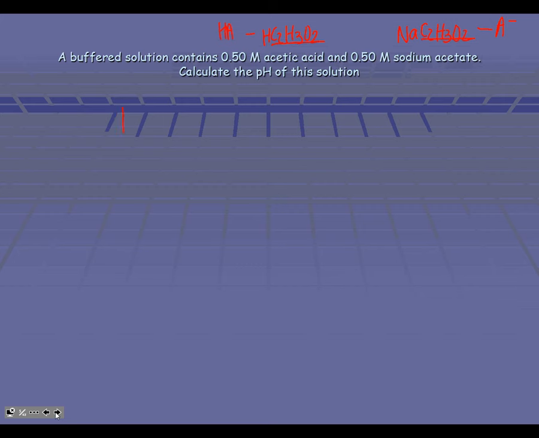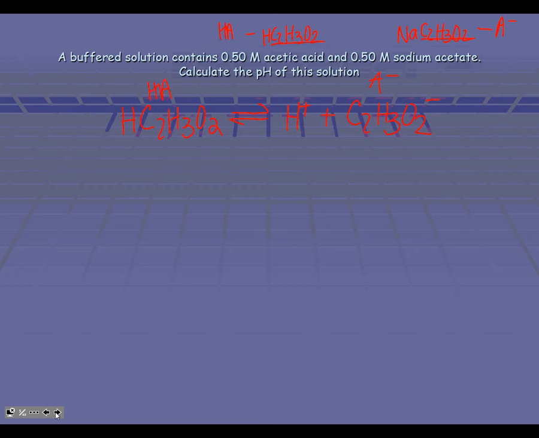So we'll take our acetic acid and arrow going both directions. That'll produce hydrogen ions and our acetate. Our A minus and our HA are present.